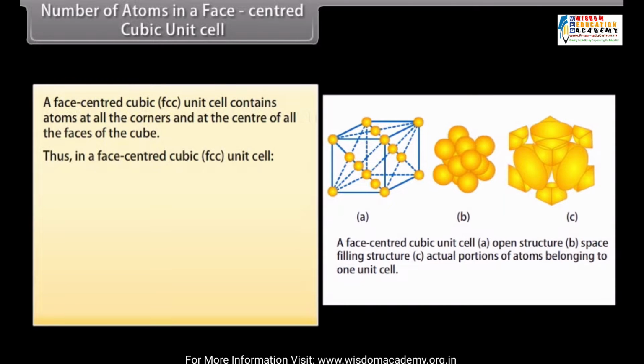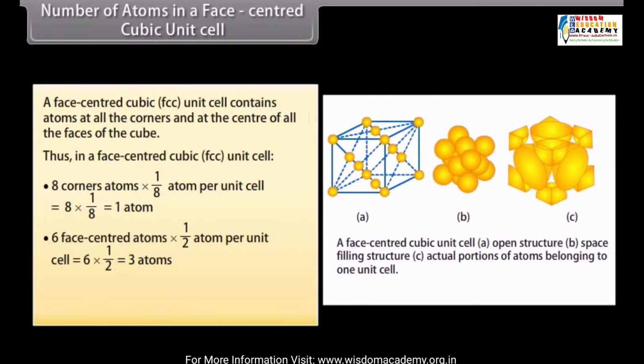Thus, in an FCC unit cell, 8 corner atoms into 1 upon 8 atom per unit cell equals 8 into 1 upon 8, which is equal to 1 atom. 6 face-centered atoms into 1 upon 2 atom per unit cell is equal to 6 into 1 upon 2, which equals 3 atoms. Therefore, the total number of atoms per unit cell is equal to 4 atoms.